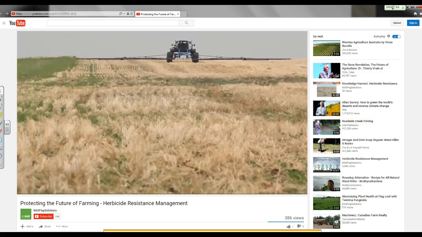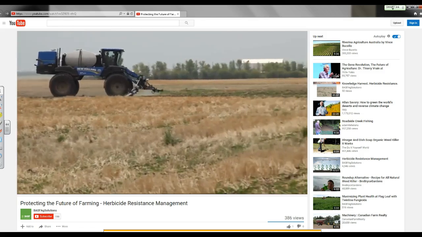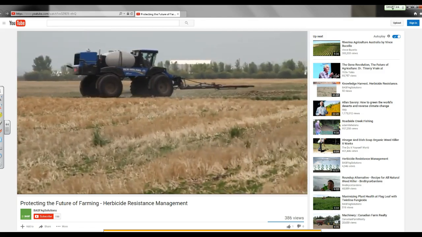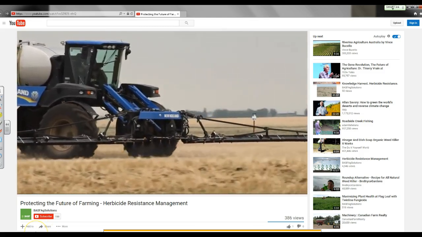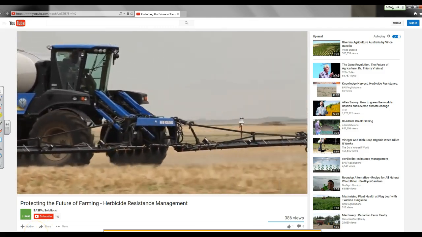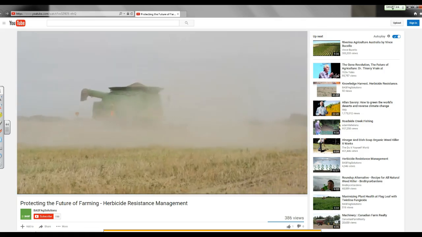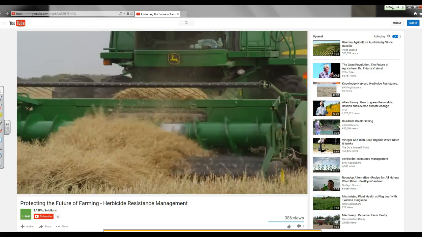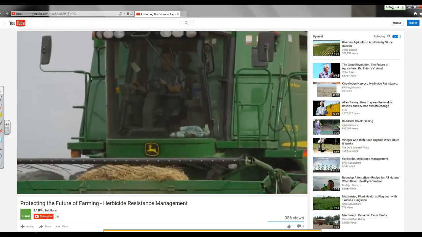And secondly, which goes hand in hand with the first one, is maintain your herbicide diversity. In other words, mix up your herbicide modes of action within a growing season and across growing seasons, just to keep the weeds off balance. Those are the 2 main lessons that Canadian growers and industry here can learn from the U.S. experience.